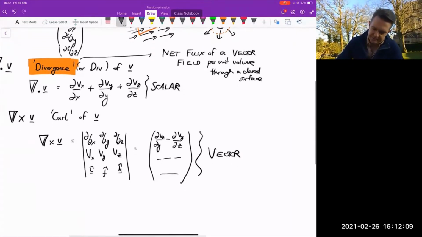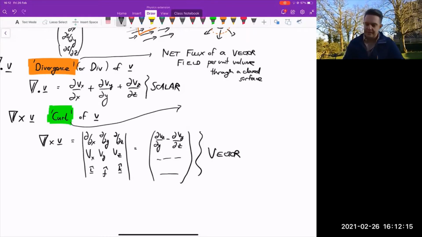What's the curl? Well, again, more on the divergence later. The curl basically tells you something about the circulation or the vorticity of the field. So it's sort of a measure of the vorticity, the rotationality. I don't know if that's even a word. Vorticity is better. Vorticity of a field.